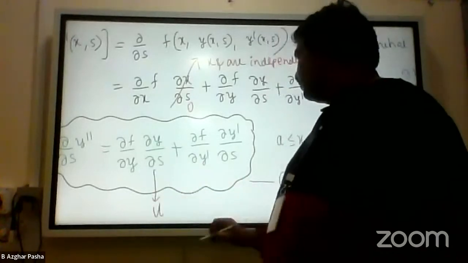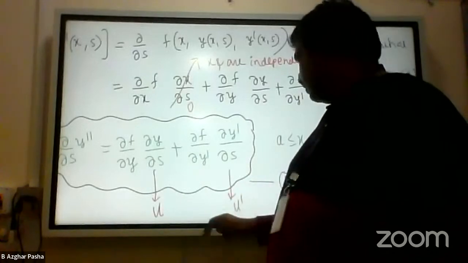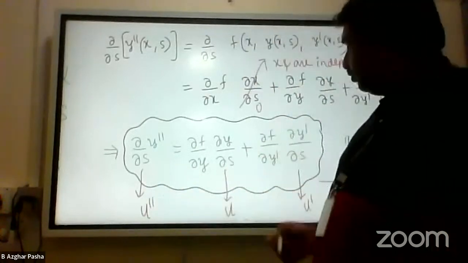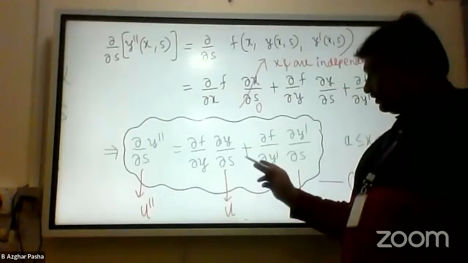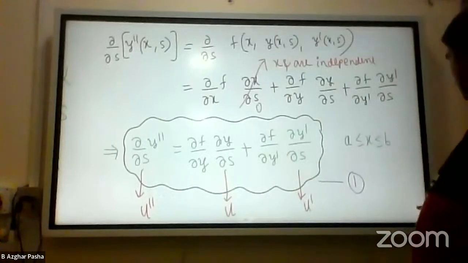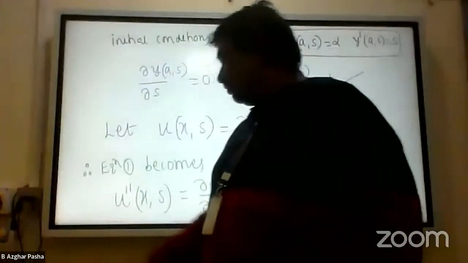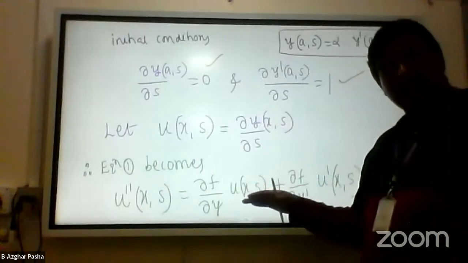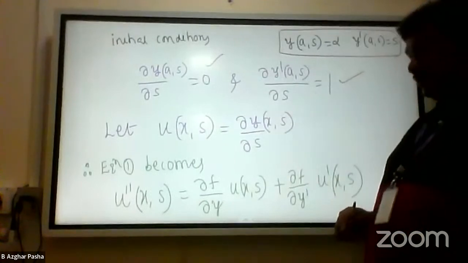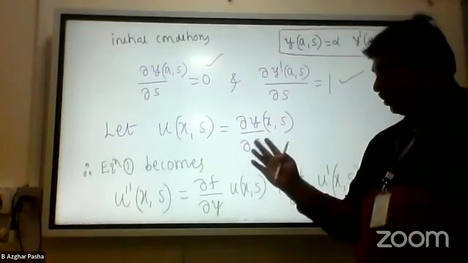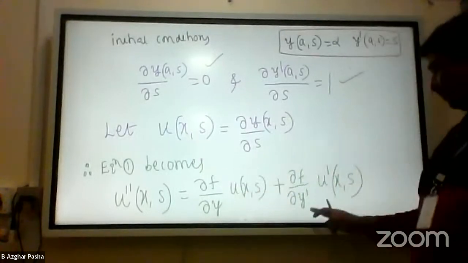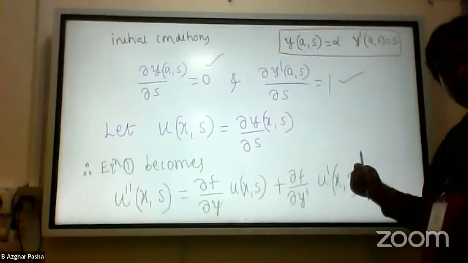This part is u, this part is u dash, and this part is u double dash. I have defined a new variable u because there is a dependency of y on s. That derivative is u. So I have a corresponding u double dash equation. This is a counterpart of y double dash. On a similar line I have dou f by dou y, dou f by dou y dash, u dash, u double dash, like that terms will come.